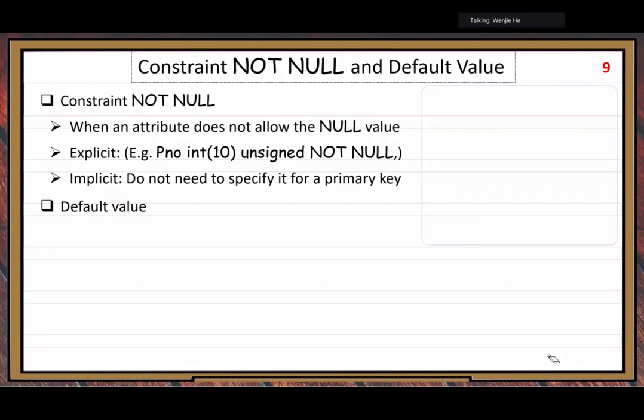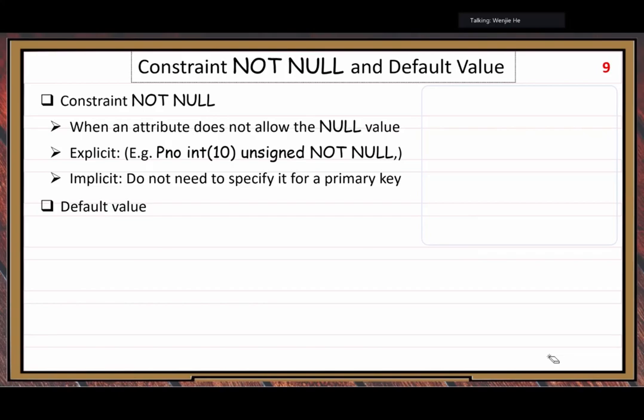So there is one option that allows you to do less work. If the value is not provided, if you have some default value, so you define a default value, then just use the default value. If there is some reasonable default value that could be acceptable for this particular column, use that.